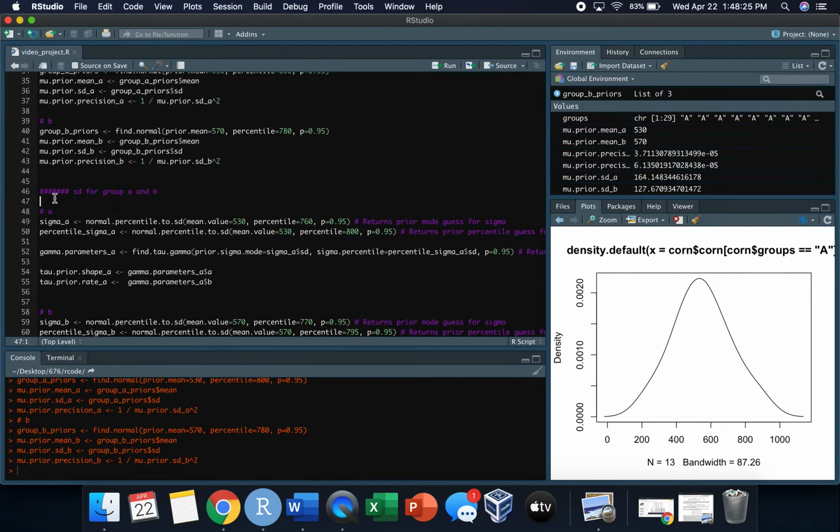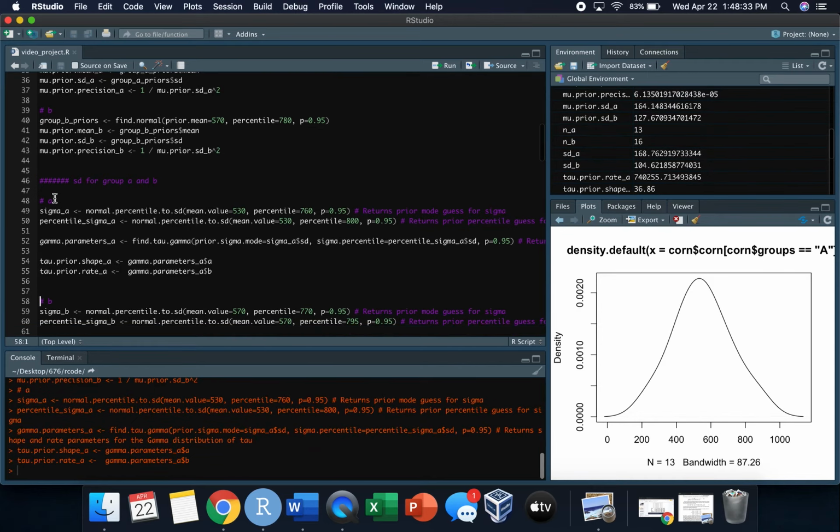Okay, so this is finding the prior for sigma or tau for group A and B. So this first normal percentile, the SD, is us setting up the best guess for sigma, the prior mode guess for sigma.